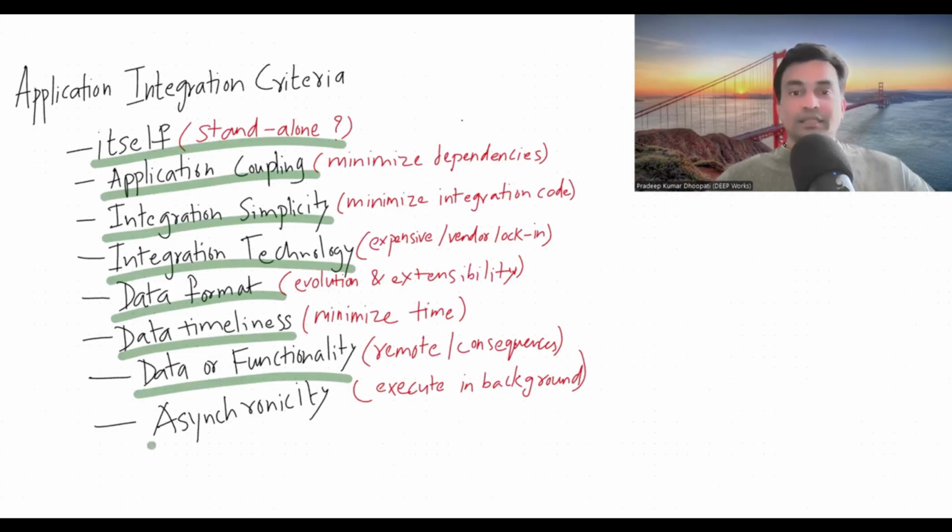The last criterion is asynchronicity. Computer processing is generally synchronous, and when a procedure wants to share data or call a subprocedure, the assumption is the subprocedure is available all the time. But if the subprocedures are remotely located, then the communication should happen between these two applications over a network. So at times the networks are unreliable, or networks are not available.